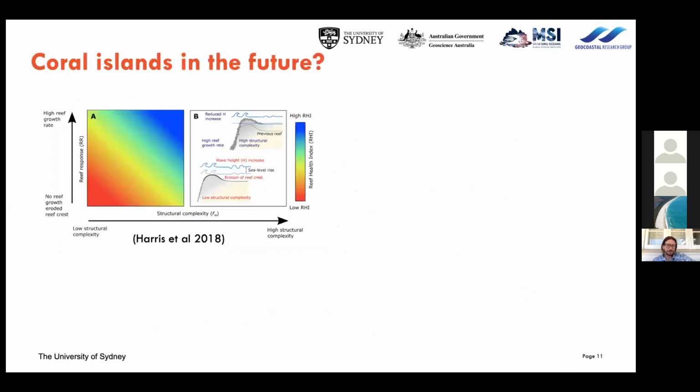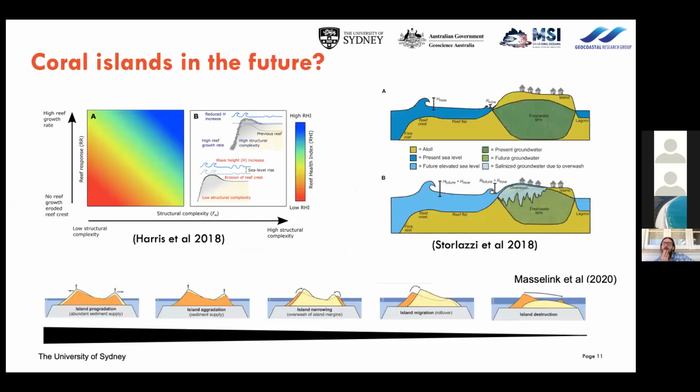Okay, so in the future, much debate. Basically, there are two sides of the debate. Are they going to be destroyed by climate change, or are they just going to adapt? Are they going to use that accommodation space to create more reef, to create more sediment? And basically, what can be boiled down from the future of coral islands is that if the reef itself can continue to produce the sediment, potentially that might ward off any susceptibility or vulnerability of an island if it's still receiving sediments.